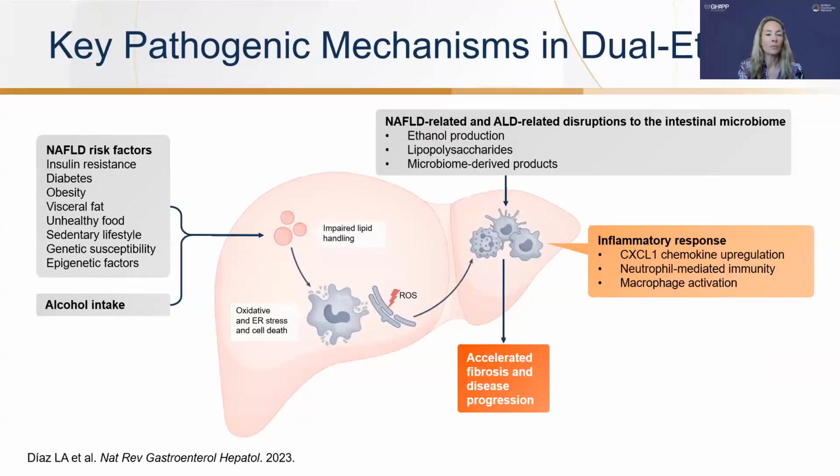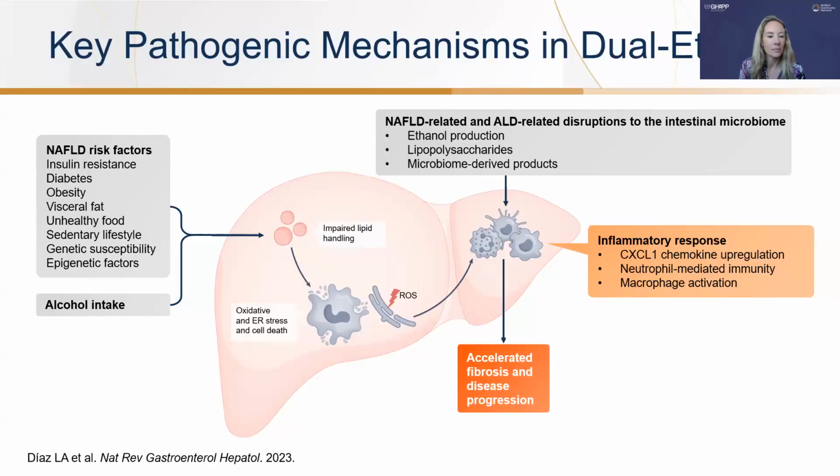So when we have both risk factors for MASLD, which you can see here on the left, so insulin resistance, diabetes, obesity, visceral fat, unhealthy diet, sedentary lifestyle, genetic susceptibility, and you add alcohol intake with that, when these two things coexist, there are these pathogenic pathways in the liver that become additive or synergistic in driving disease progression.